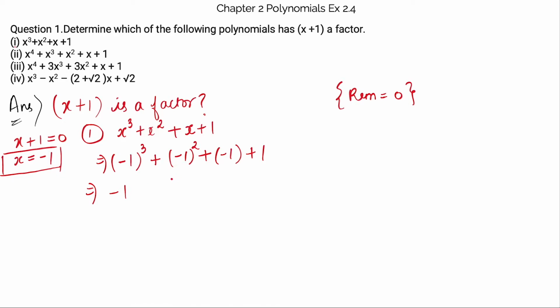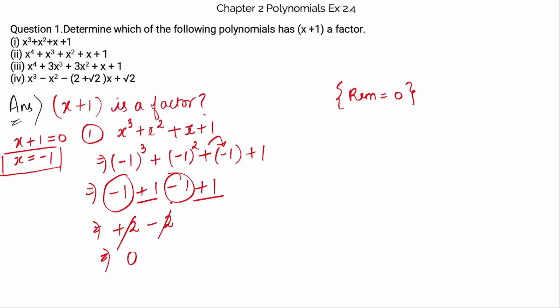Plus into plus 1 will give us plus 1. Then plus into minus will give us minus 1, and plus 1 as it is. So here we have plus 1 and plus 1, that becomes plus 2, and minus 1 and minus 1 will give us minus 2. So we are left with 0. We have got remainder equals to 0. We can say for the first part x plus 1 is a factor of this polynomial.